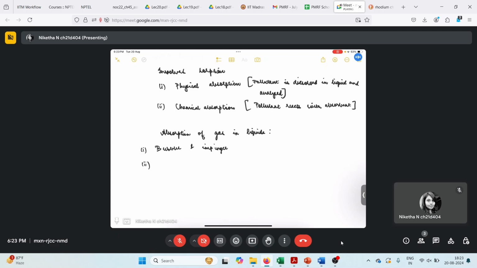And the second one is the gas analyzer for carbon dioxide, oxygen, and carbon monoxide.